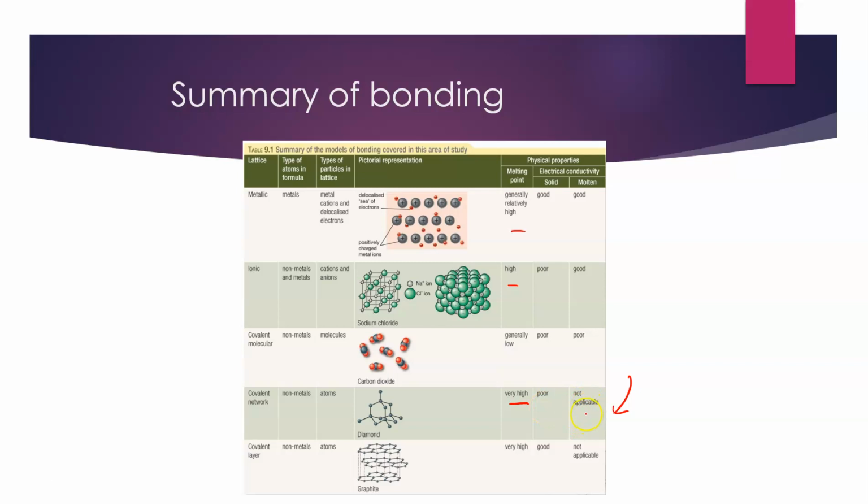Because the melting points are so high, we don't tend to see them in molten state. So we can pick this up from being different to ionic, because ionic in the molten state, of course, will conduct. Graphite, on the other hand, we're going to look for that very high melting point and boiling point, will be good conductors in the solid state, and again, looking for that not applicable for the molten.